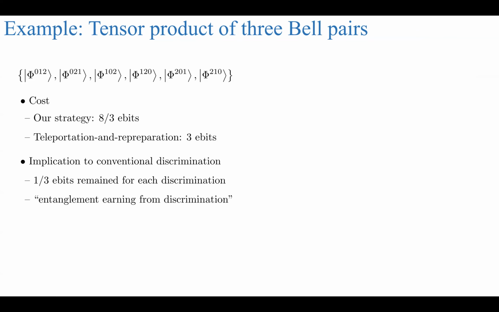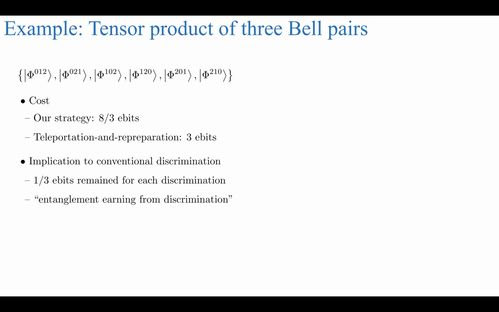Our entanglement cost for the non-destructive scheme is 8/3, and finally we get 3 EBITs of entanglement. Then 1/3 EBIT remains for each discrimination, which means that from the receiver's point of view, they have entanglement only for discrimination.